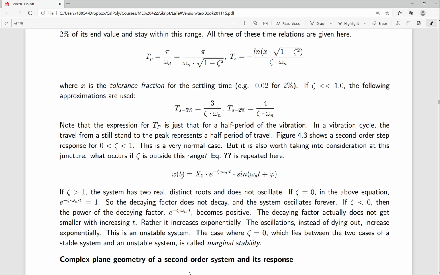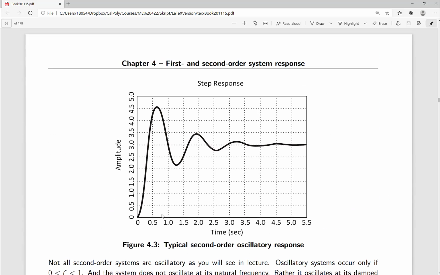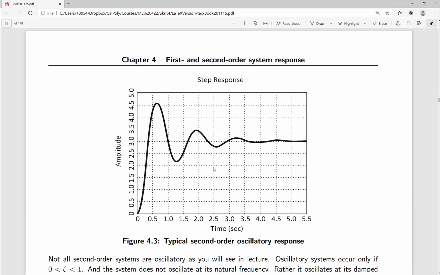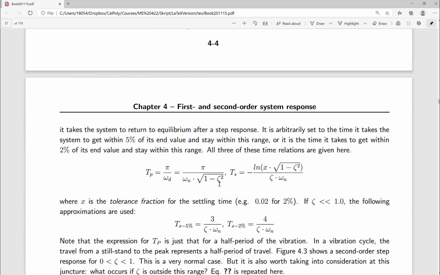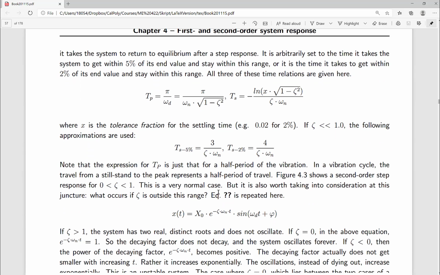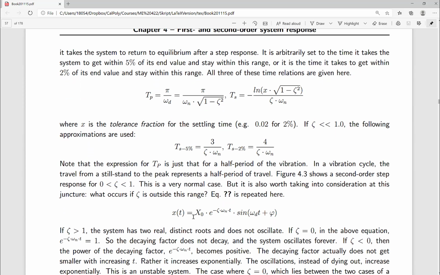I call this x(t), which is a measurement of this vertical value here. Notice that we have an amplitude here, and this will depend upon the size of the step times the steady state gain. And then it has an oscillatory component. This is where your oscillation comes from, this sine function here.